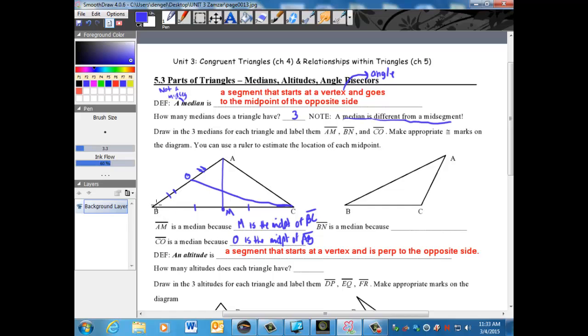And we're going to do the same from angle B. We're going to draw a segment that's going to cut AC in half. We'll put 3 marks here. These two segments are each congruent, therefore N is the midpoint of AC. So BN is a median because N is the midpoint of AC.